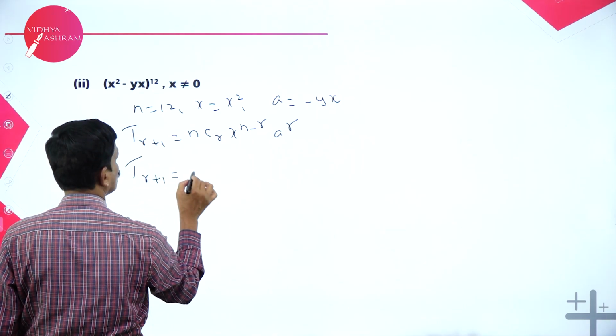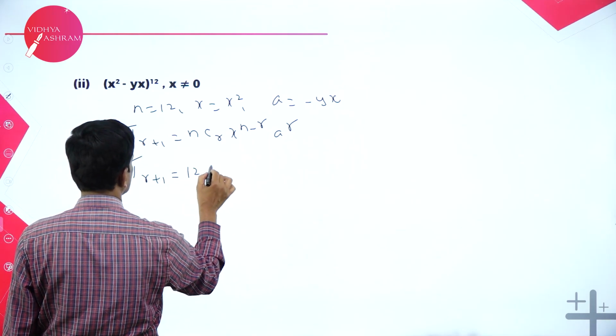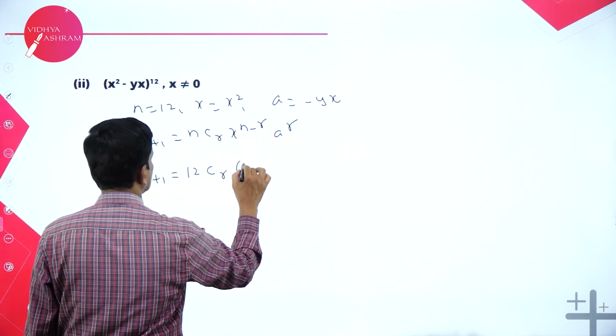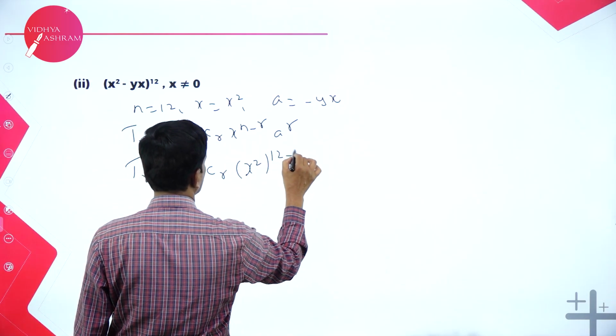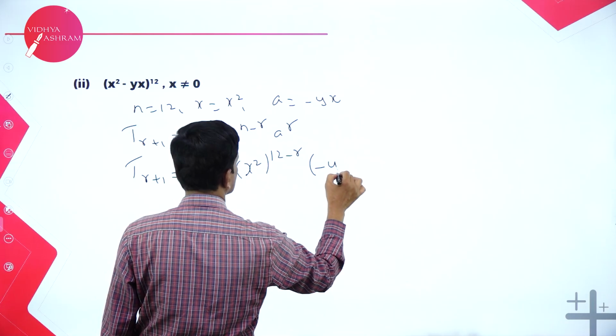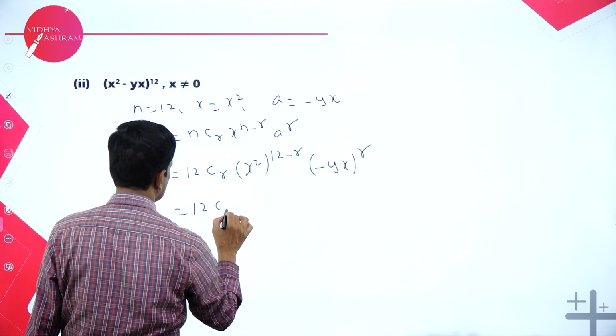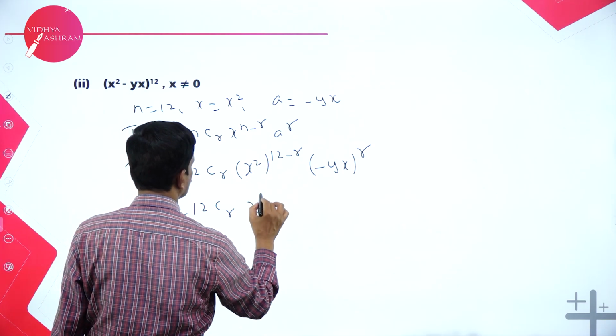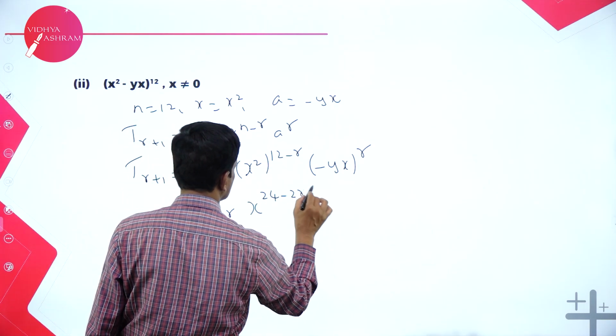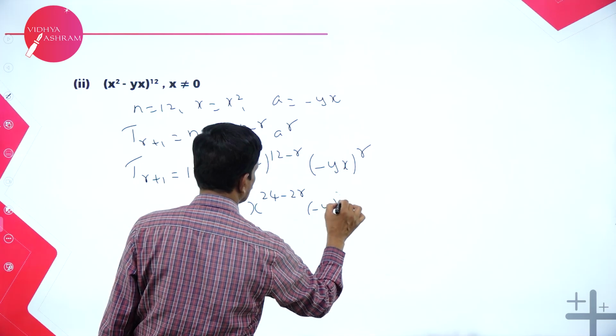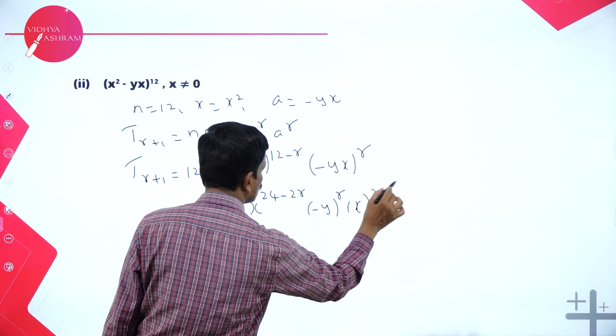T(r+1) is equal to 12Cr x (x square) whole to the power of 12 minus r, a is (minus yx) to the power of r. So, this is 12Cr x to the power of 12 twos are 24 minus 2r, (minus y) to the power of r into x to the power of r.